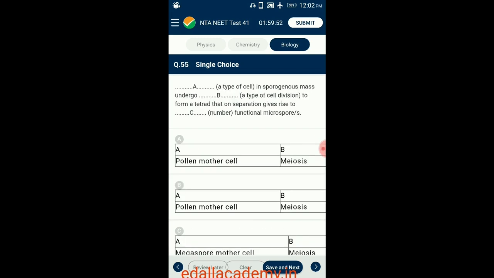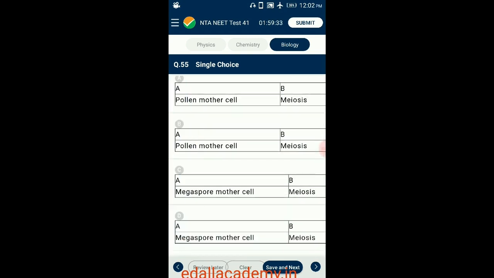Question number 55. Dash, it is a type of cell in sporogenous mass undergo dash, it is a type of cell division to form tetrad that on separation gives rise to dash a number of functional microspores. Each cell of a sporogenous tissue is capable of giving rise to a microspore tetrad. Each one is a potential pollen or microspore mother cell.